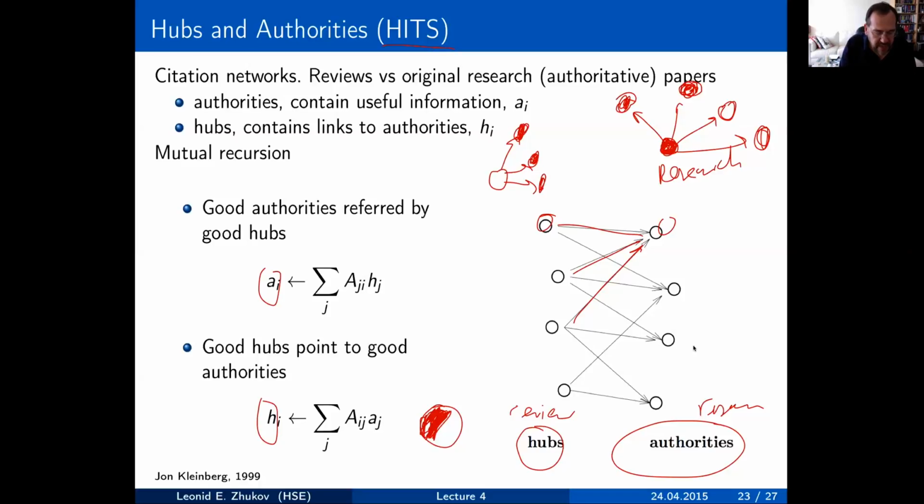And so what he said is that good authorities are those authorities that are referred by good hubs. So good reviews pointing to good research papers, and the other way around. Good hubs point to good authorities.